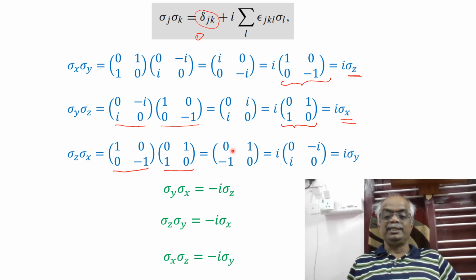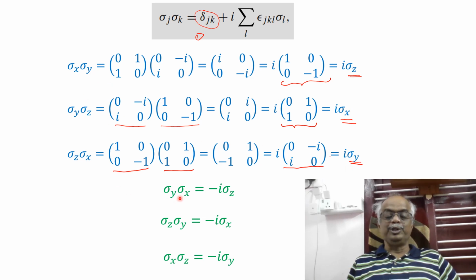Then you will get 0, 1, minus 1, 0, and you take I outside. Here there is no I, but I into I is minus I squared, which is equal to plus 1. Same thing, I into I is equal to I squared, which is minus 1. I have rewritten this, taking out 0 minus I 0. This is the sigma y matrix. Of course, you have I here.